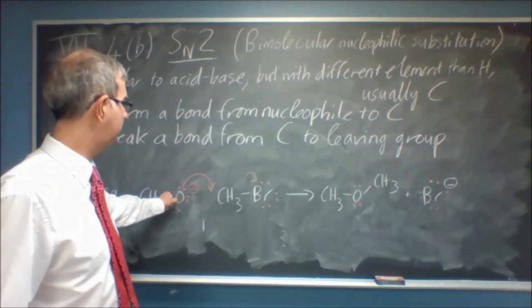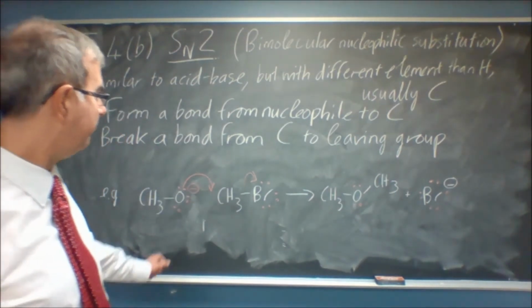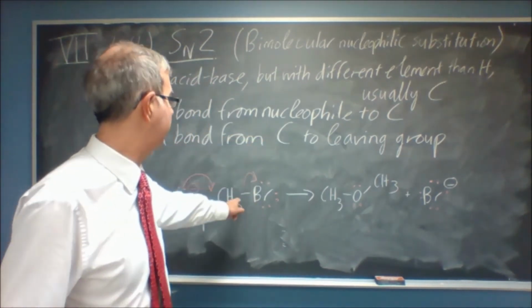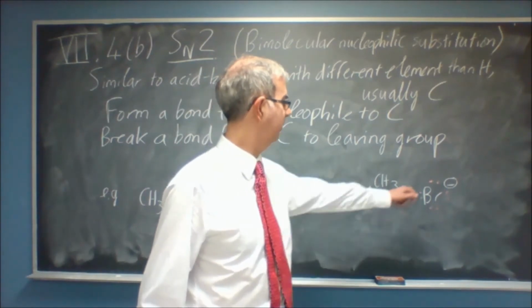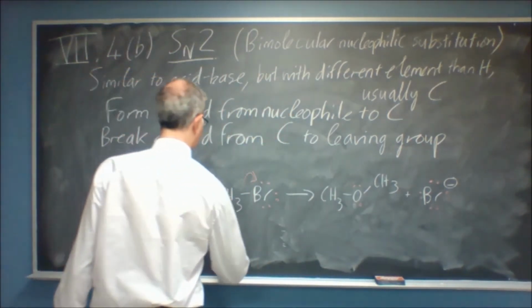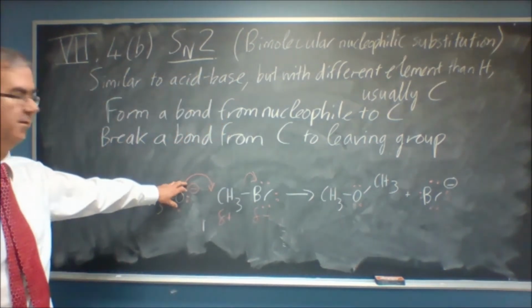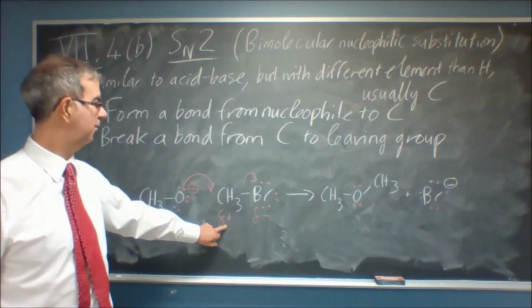We form a bond from oxygen to the CH3, and then we break a bond from the C to the leaving group, and we form an ether over here, and the leaving group's gone. Notice this is the nucleophilic atom. It forms a bond to the electrophilic carbon.